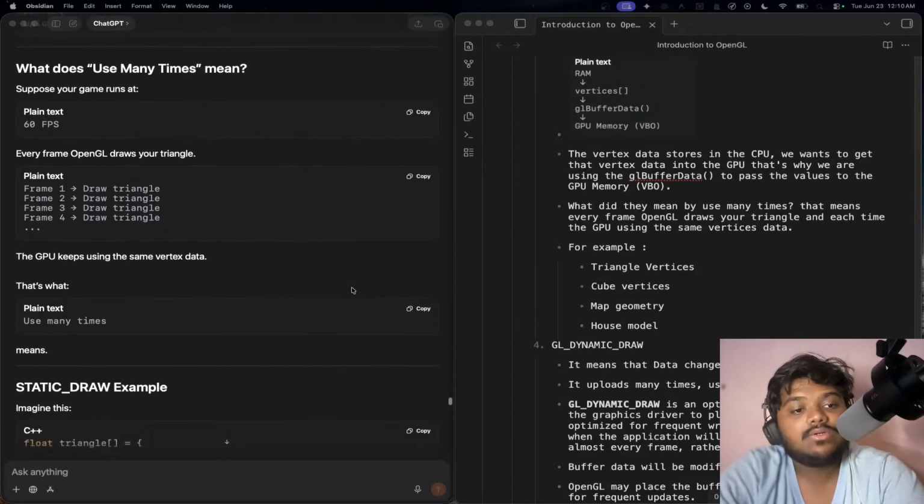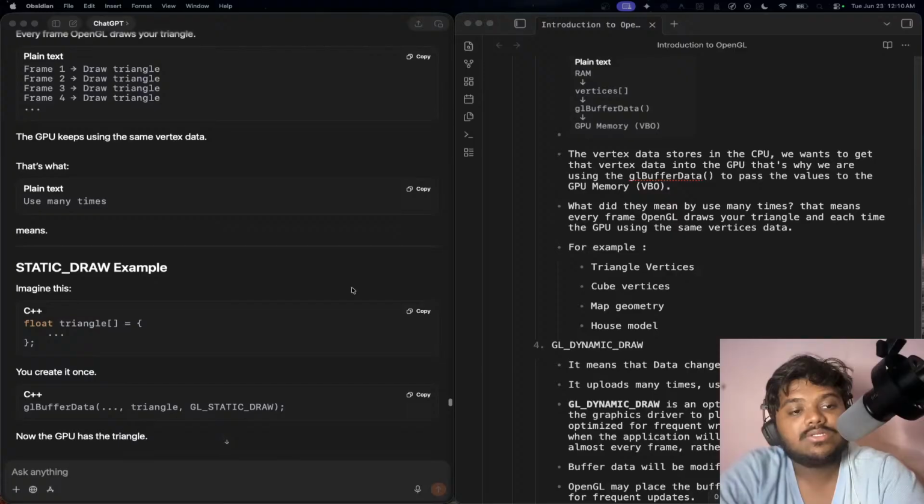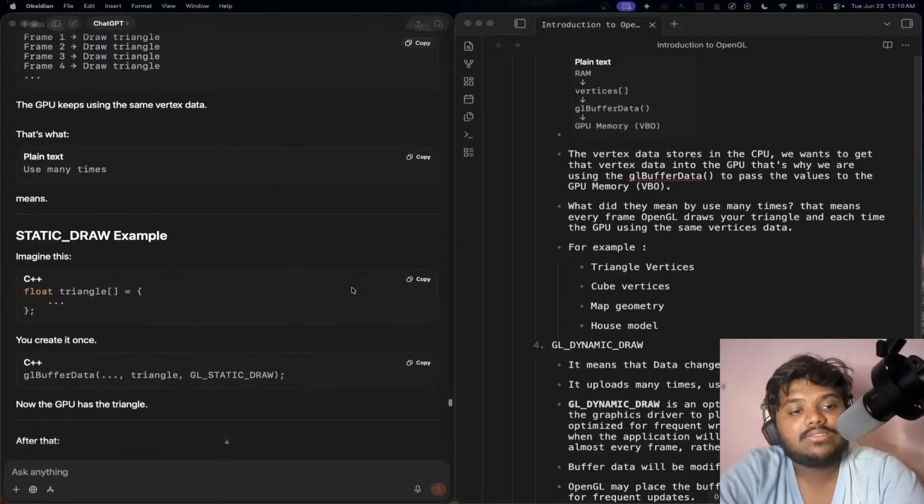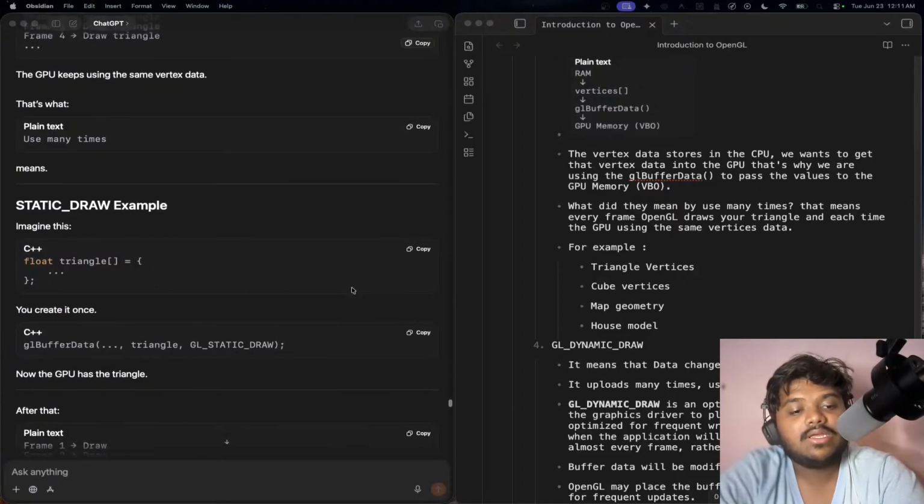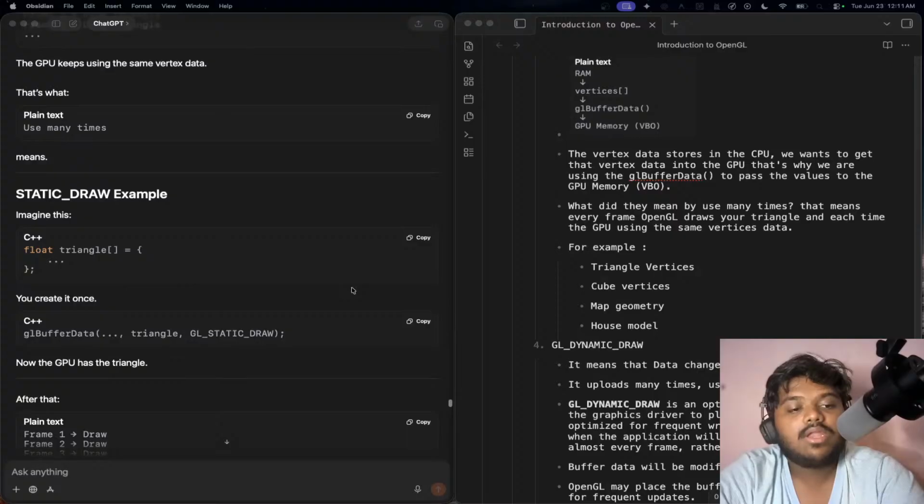All right, so that is what this is. Okay, so the static draw example. Imagine you created the triangle once with glBufferData and GL_STATIC_DRAW.